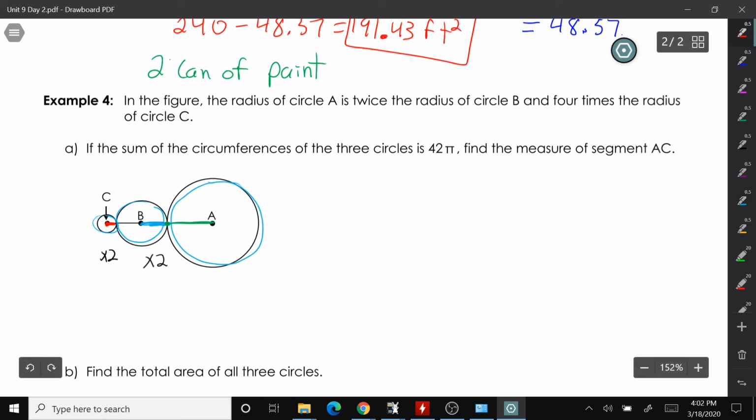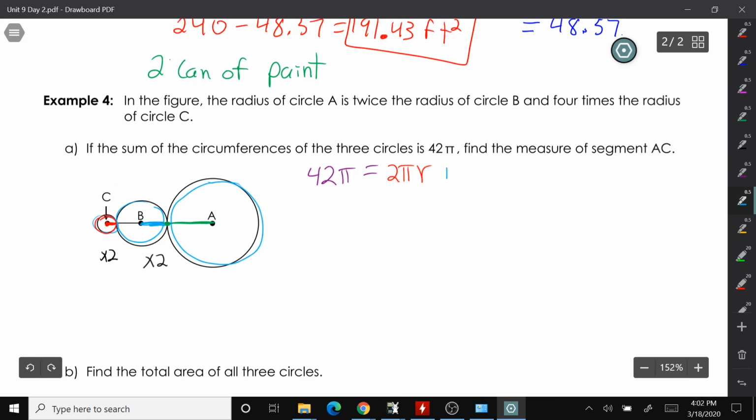So what we're going to do is use that to figure out the radius of the smaller circle. So 42 pi is equal to, and I'm going to have 3 circumference formulas written down. The circumference of the smallest circle, that's going to be 2 pi r, because that is the smallest radius.